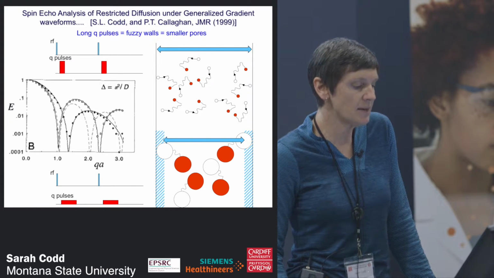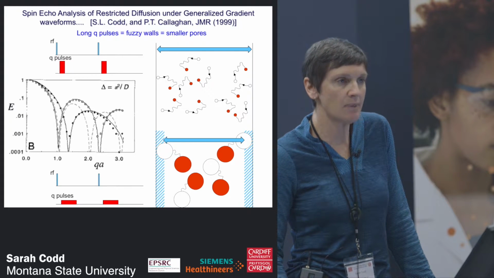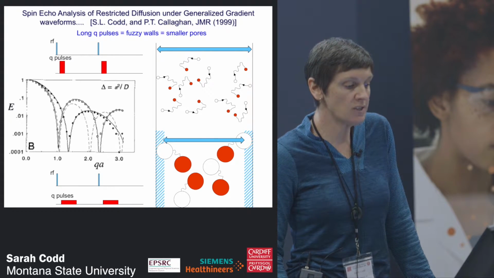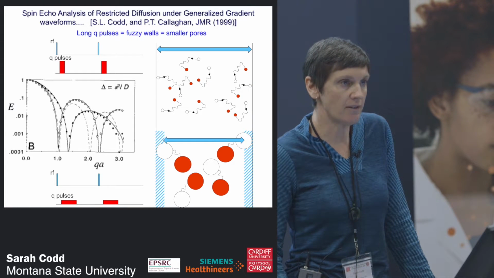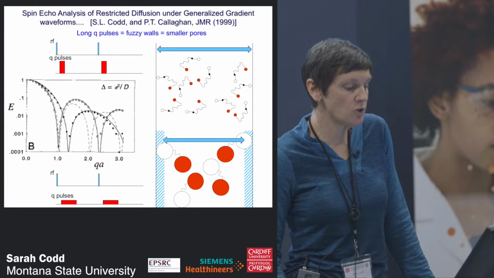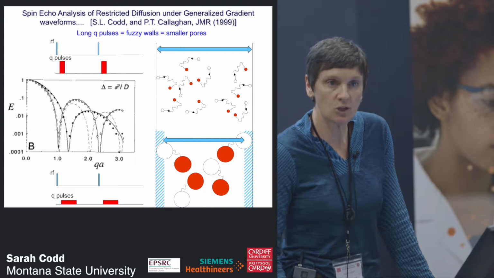And the conceptual way of thinking about this is the idea that there is some motion that takes place while you're applying your gradient pulses. If that motion is very small, then what you're essentially doing is measuring this displacement between where the molecules start and where they finish. And when you have a finite pulse on, then your molecules are no longer located to the same small spatial location.